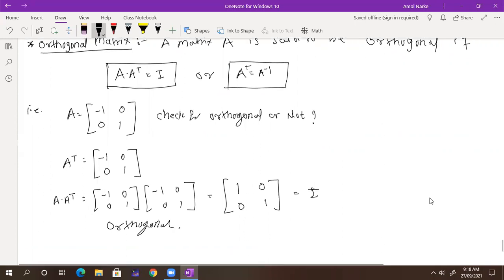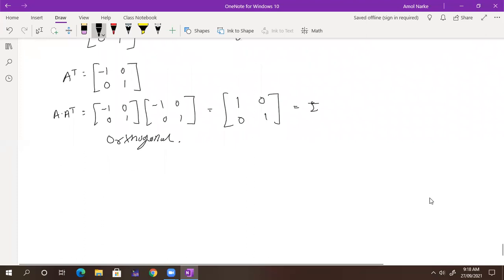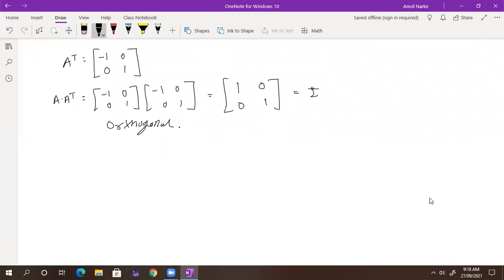Now, homework. Check whether A is orthogonal or not, where A is equal to cos theta, sin theta, minus sin theta, cos theta. This is what we call the rotation matrix.